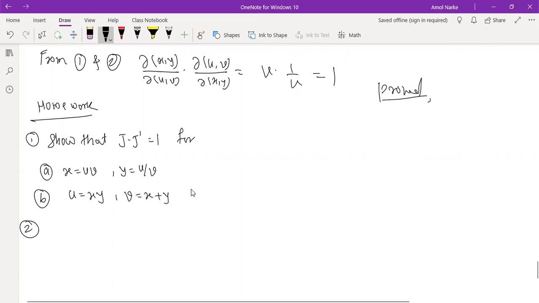And the second example, I will give you, regarding finding using the chain rule.